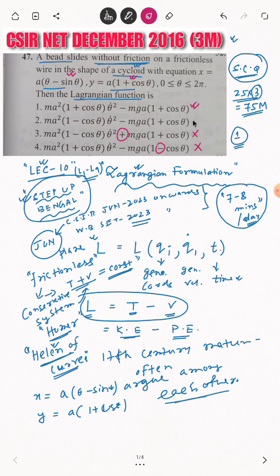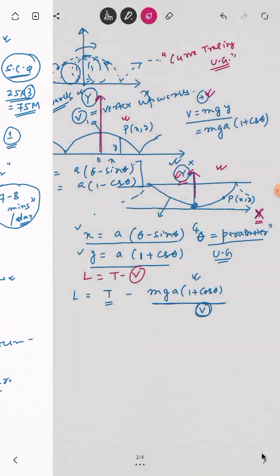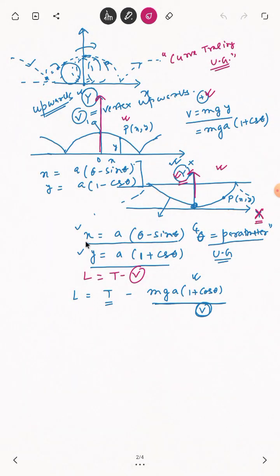Now we have confusion between these two options. The options are very similar, so from potential energy alone we cannot say anything about this single choice question. We have to calculate the kinetic energy part. Whenever you have a parametric equation, first try to calculate x dot. What is x dot? a is common, so theta will give theta dot, and sine theta will give cos theta into theta dot.